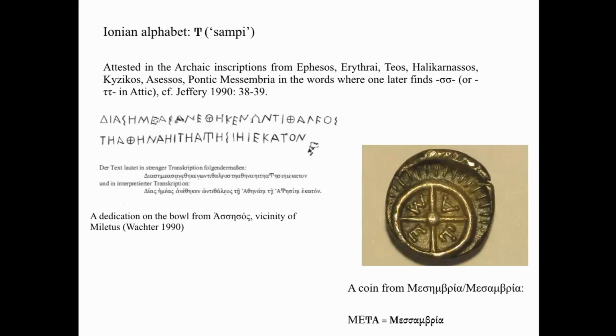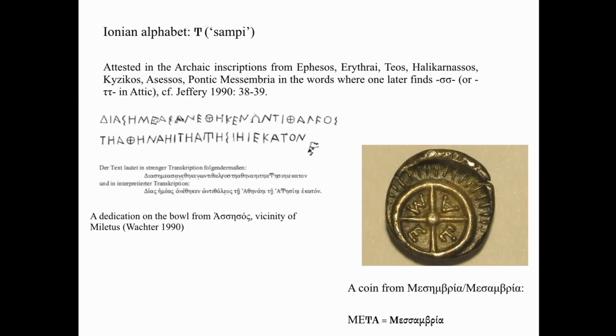the not too different letter is found also in the western parts of Anatolia, and is usually called Sampi. There is some slight difference, of course, in the writing, first of all in the position of the horizontal stroke.